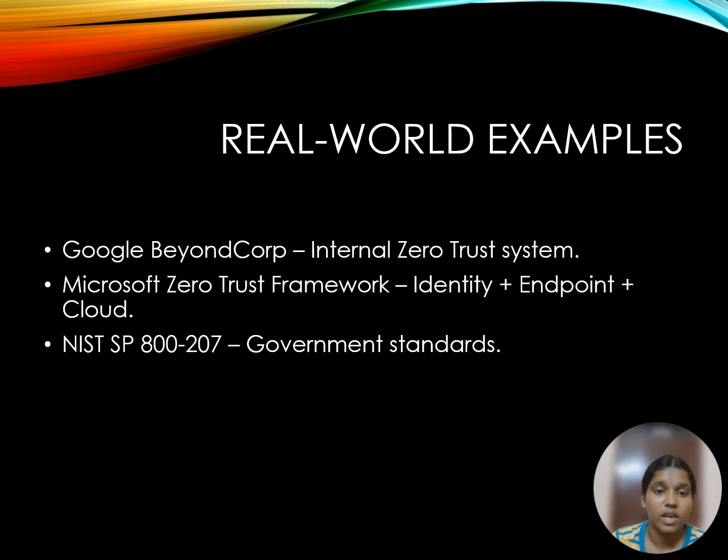And even NIST, the US National Institute of Standards and Technology, released a formal guideline, NIST Special Publication 207, that defines how organizations can build a Zero Trust architecture. These examples show that Zero Trust isn't just a theory, it's actively shaping the cybersecurity that's present in today's world.